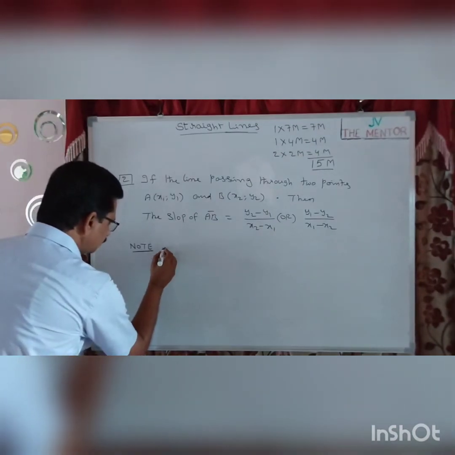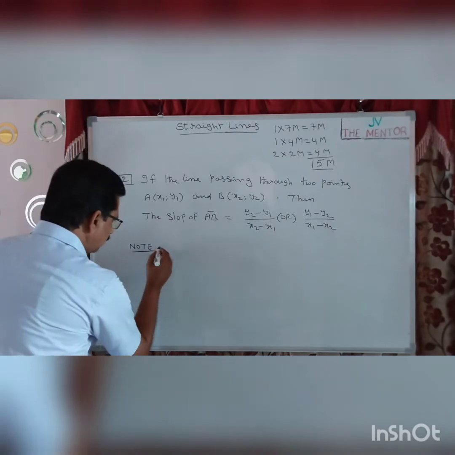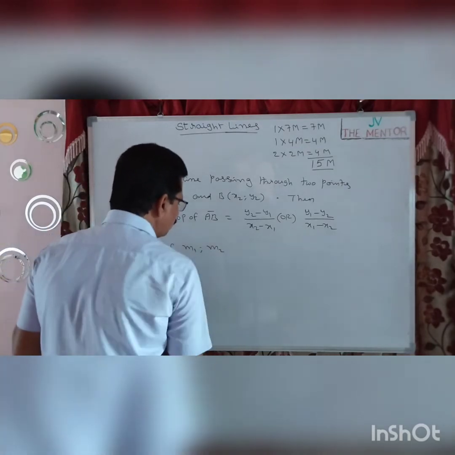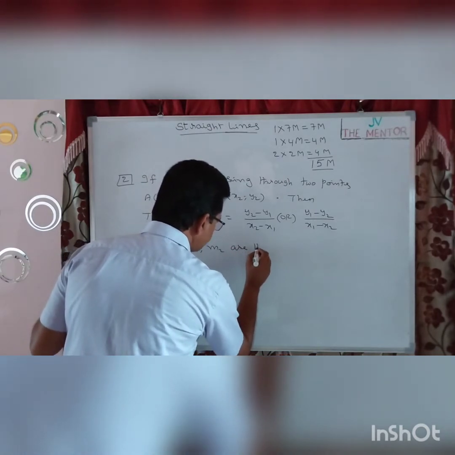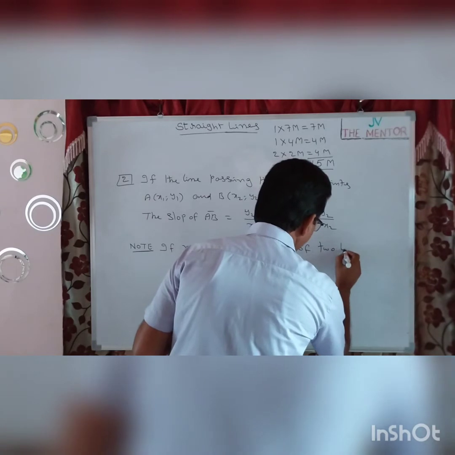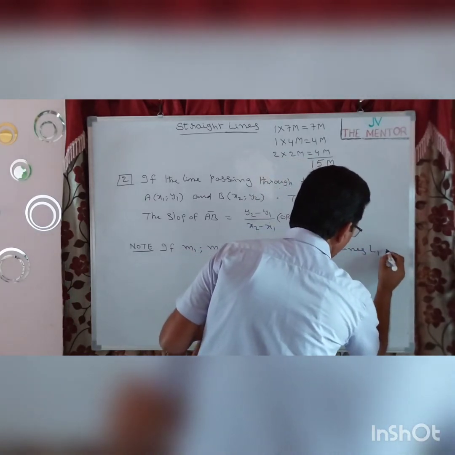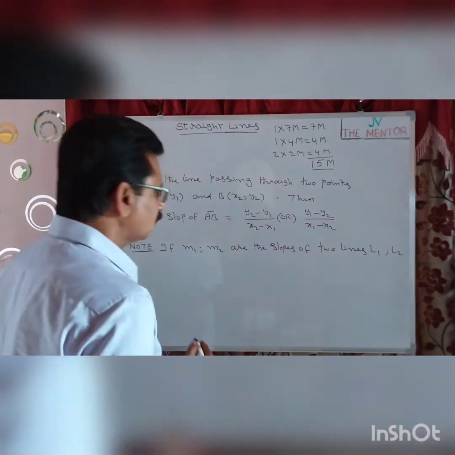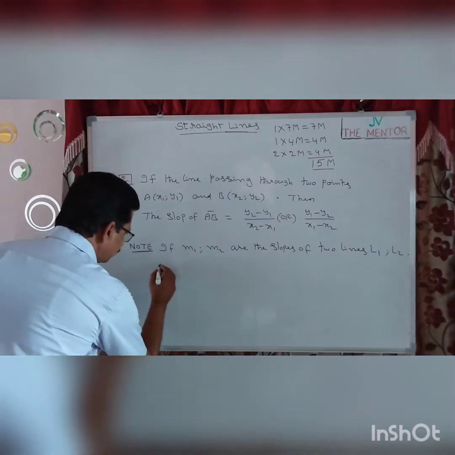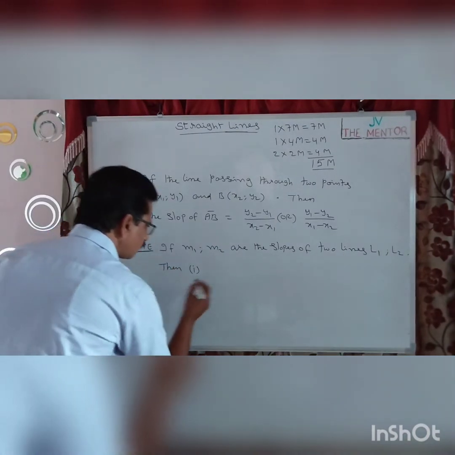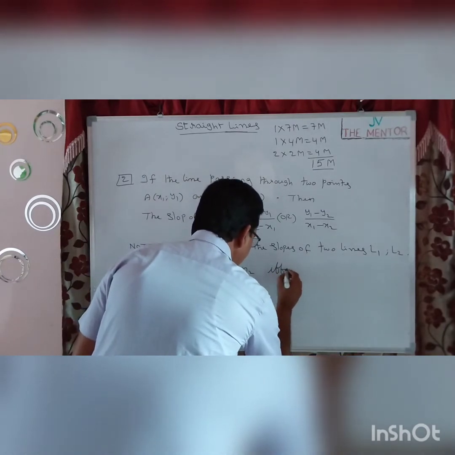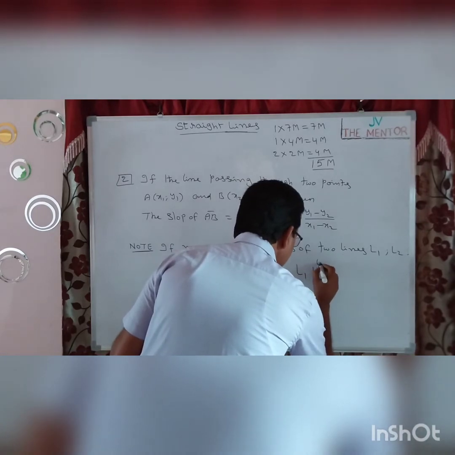First point. If M1, M2 are the slopes of two lines L1, L2, that means M1 is the slope of L1 and M2 is the slope of L2, then first point, M1 equal to M2 if and only if L1 is parallel to L2.